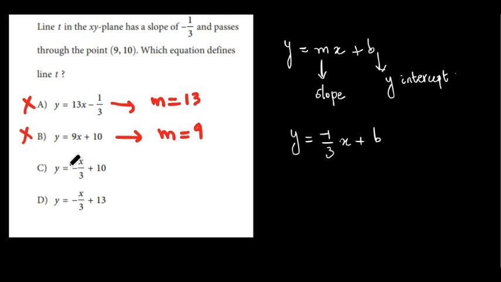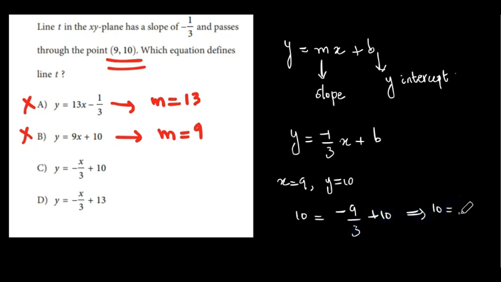Now you're left with 2 other options, and to check the b value, you can take one of them and plug in the given point. The given point is on the line, which means that point should satisfy your equation. So you can plug in x as 9 and y as 10 in the first equation, that is option C. I get 10 equals negative 9 over 3 plus 10, and negative 9 over 3 is negative 3.